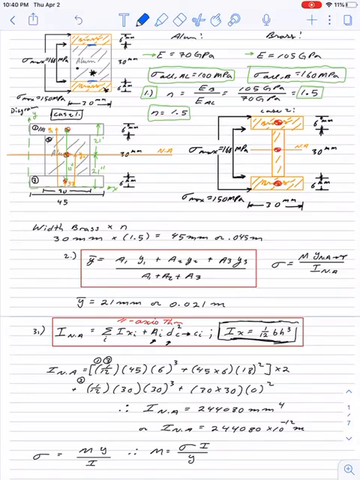And if we recall that the maximum stress is at the furthest distance from the centroid, so if we want to find the maximum stress in the aluminum, we have to make that arm from the centroid to the maximum point on the aluminum, which turns out to be where the brass starts.